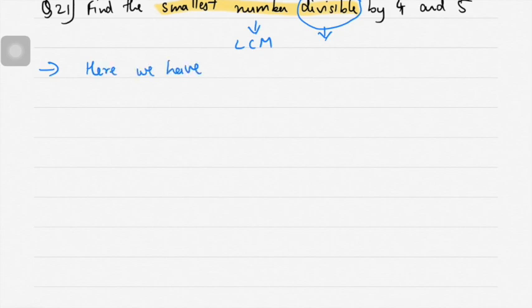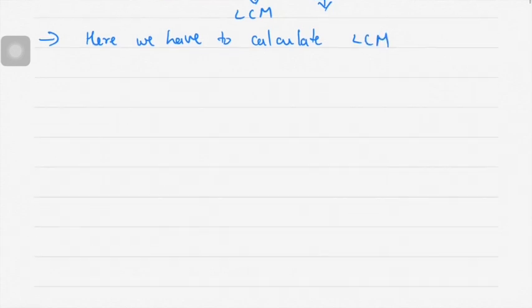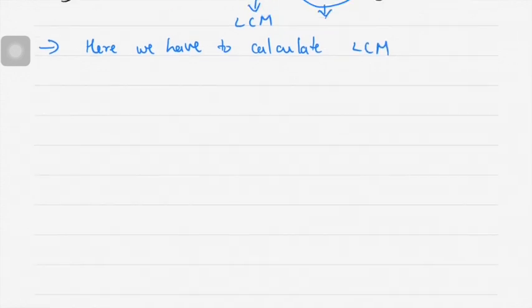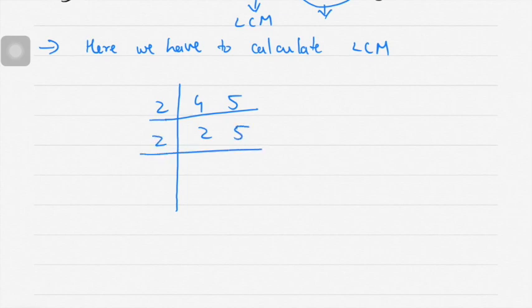Here we have to calculate LCM. So let's calculate LCM of 4 and 5. 2 2s are 4. 5 I'll write as it is. Then 2 1s are 2. 5 1s are 5.